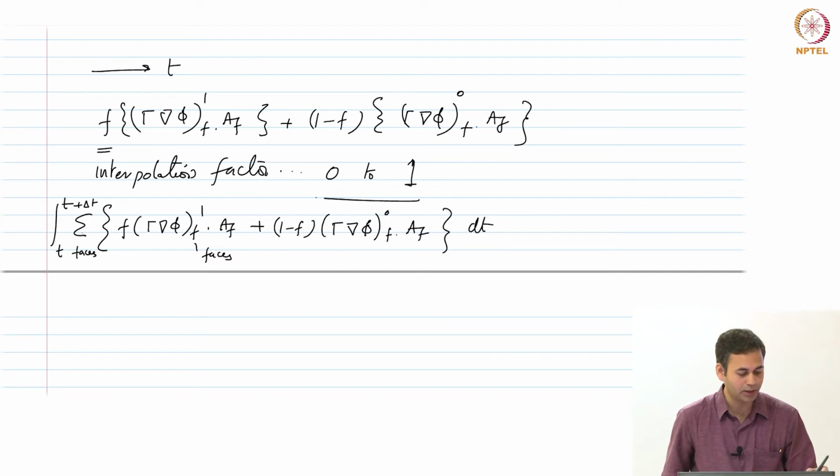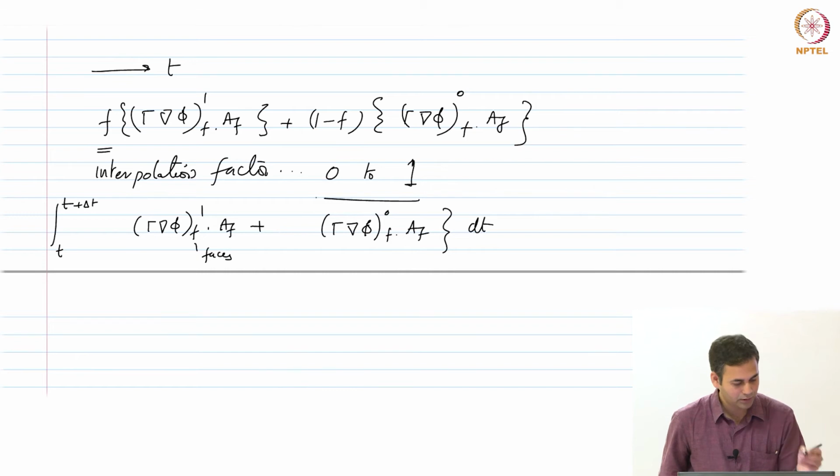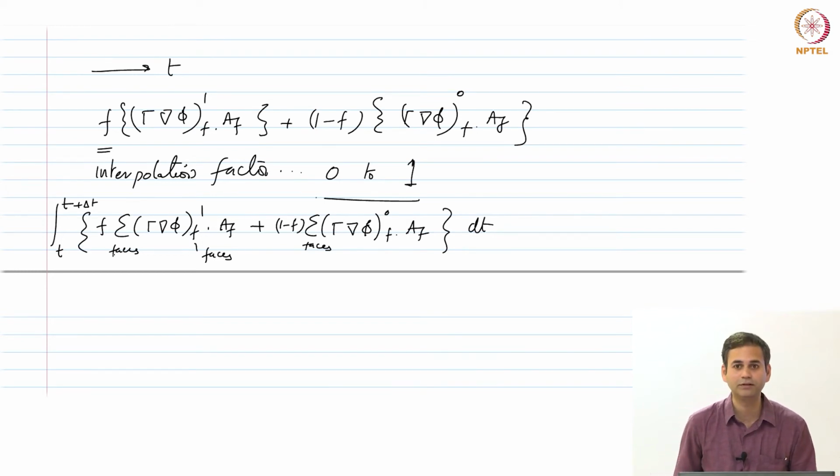Okay, I'll put it inside, it doesn't anyway matter. I'll rewrite it. Essentially, this is summation on all faces times f, and then this is summation on all faces times 1 minus f, times dt. Is that correct?